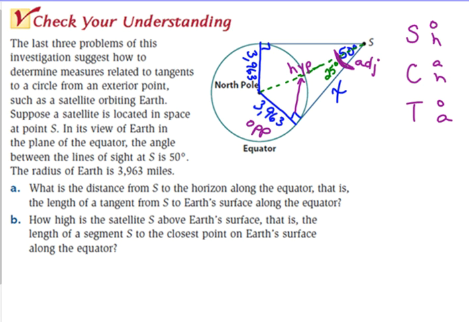We have the opposite, we want to know the adjacent, so which trig function do we use? Tangent. Okay, so let's set it up. Tangent of the angle 25 degrees is equal to the opposite side, 3,963, over the adjacent side, x.